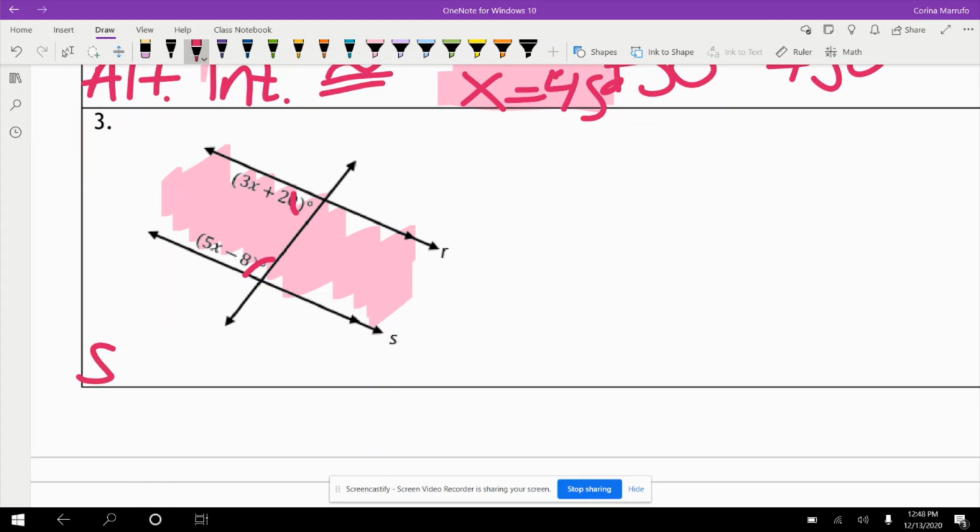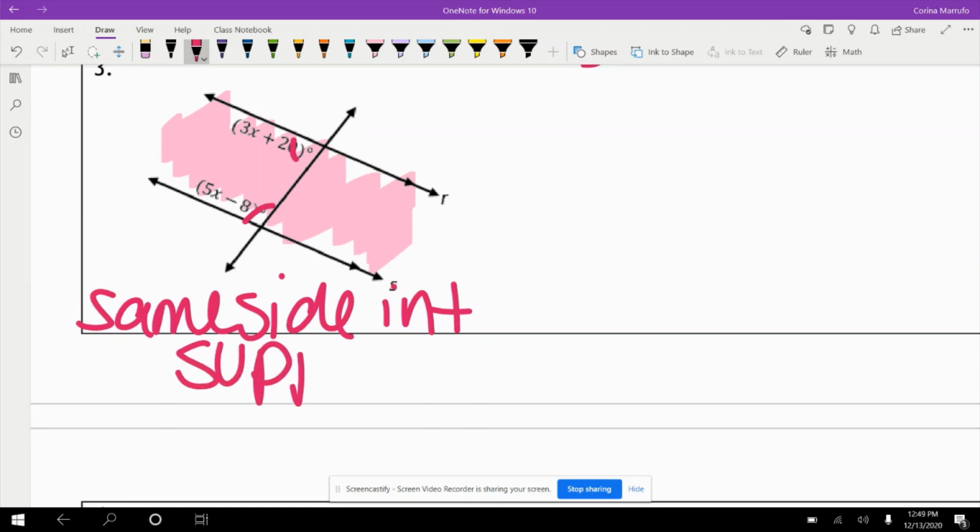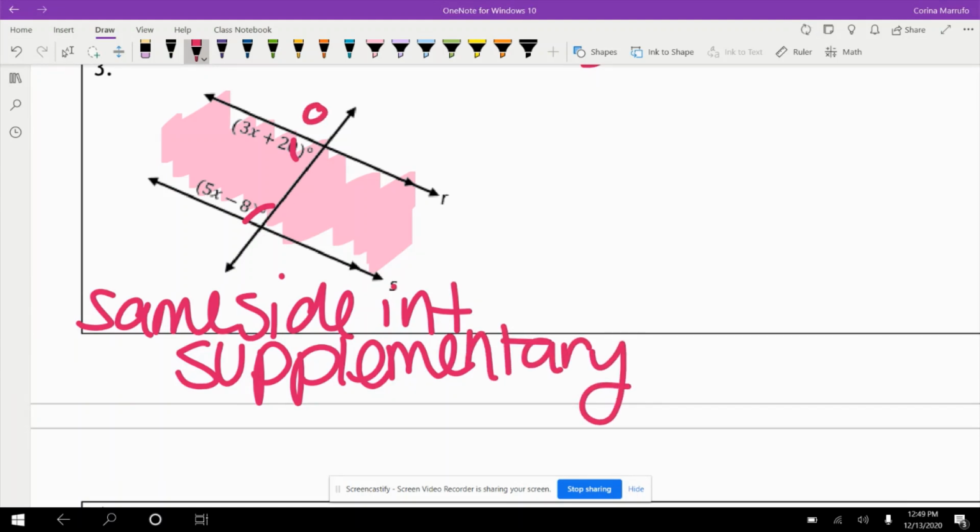I'm going to write same side interior. Okay, and these are considered supplementary, meaning they add up to 180.